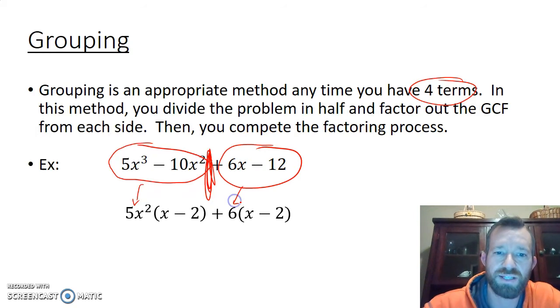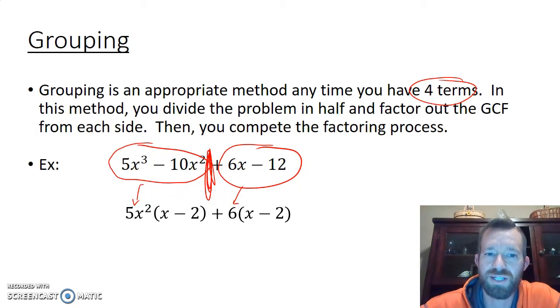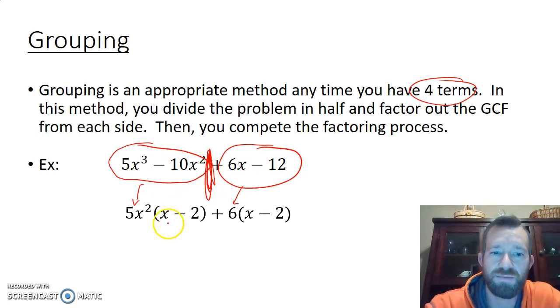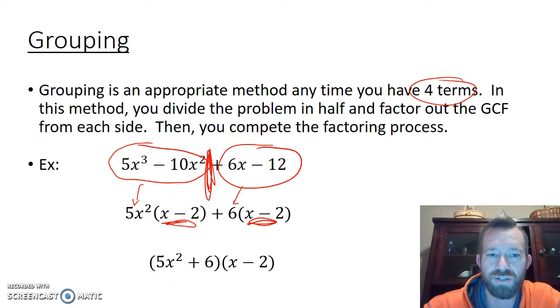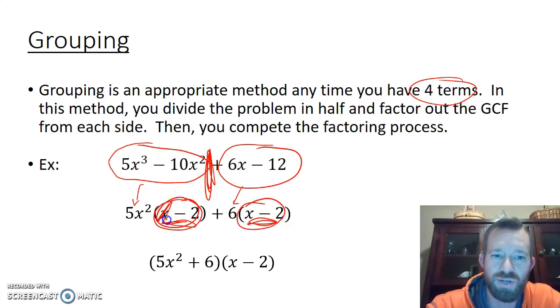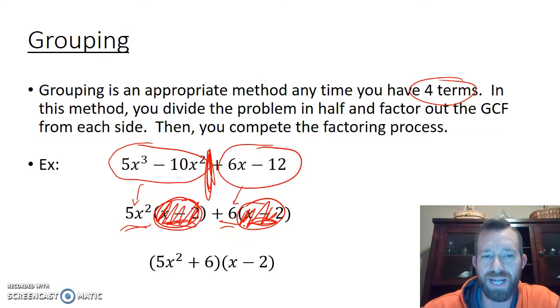We take the GCF here, the GCF is 6. We can know if we're doing this right, these should match. x minus 2's on both, so we know we're doing it right, and we'll just go ahead and list the two factors. One factor is already listed there for you, x minus 2, and when you get rid of that, the other factor that's left is here, 5x squared plus 6. So those are your two factors.